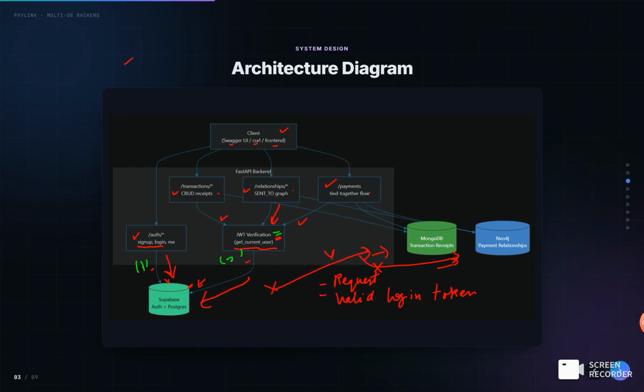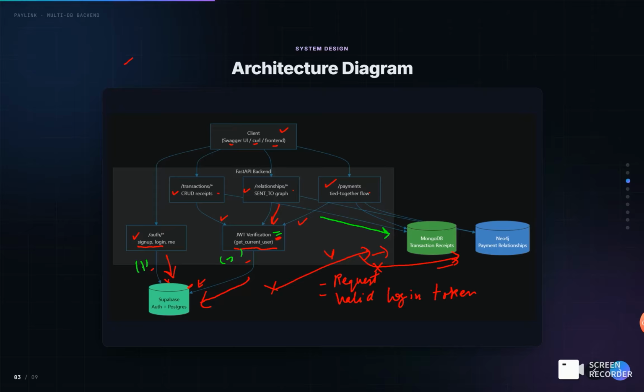Once a request clears the JWT verification, that is the doorman, it goes to exactly one database depending on what it's asking for. So if it's transaction routes, then it only talks to MongoDB.